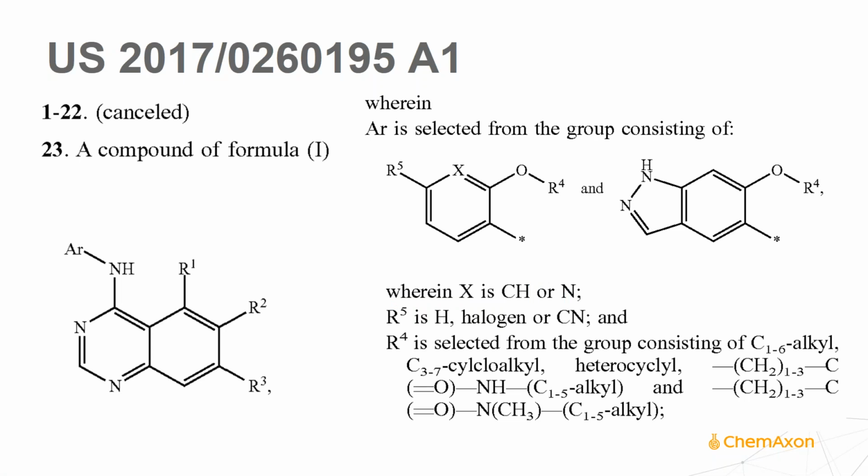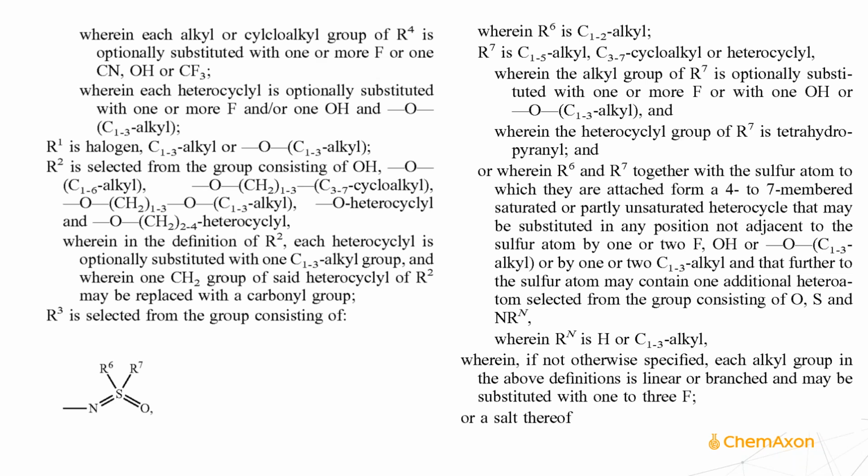So, as you can see, the first 22 claims I cancelled, and after that, the 23rd is a little Markush structure, quite typical, so it has a relatively simple scaffold, and after that, a relatively short list of R group definitions. As I said, it's relatively short because it's only 2 pages or 2 slides on my computer.